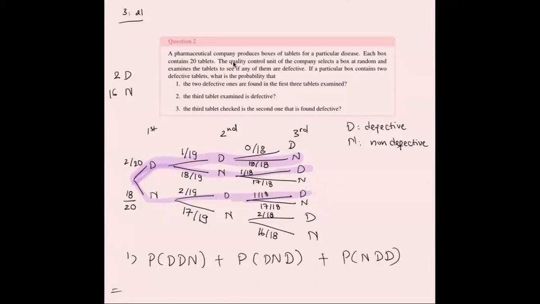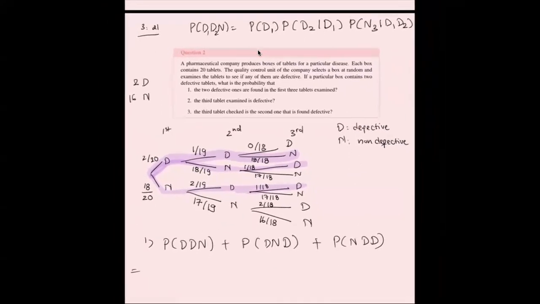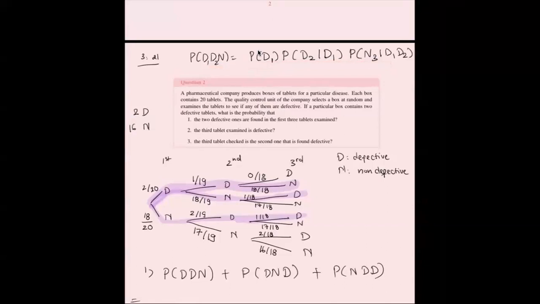In terms of notation, the probability of D, D, and N is getting the first one defective, multiplied with the second one is defective given that the first one is defective, and the third one is non-defective given that the first two are defective. In the exam, we expect you to write down this notation in order to calculate each of the terms here. But in the tutorial, I will use a bit of a shortcut. I will not write down the notation, but rather I will just write down the numbers.